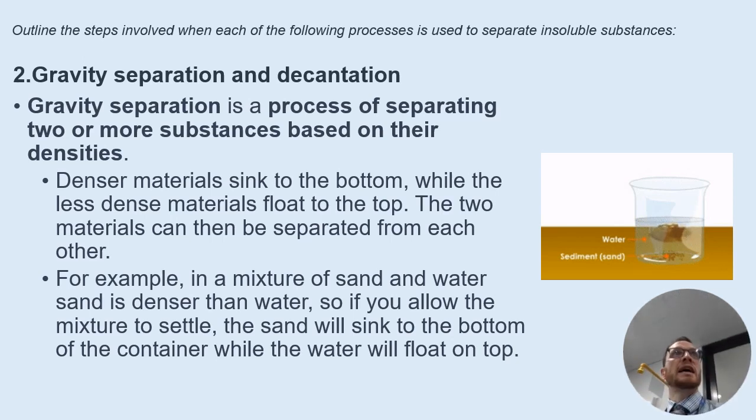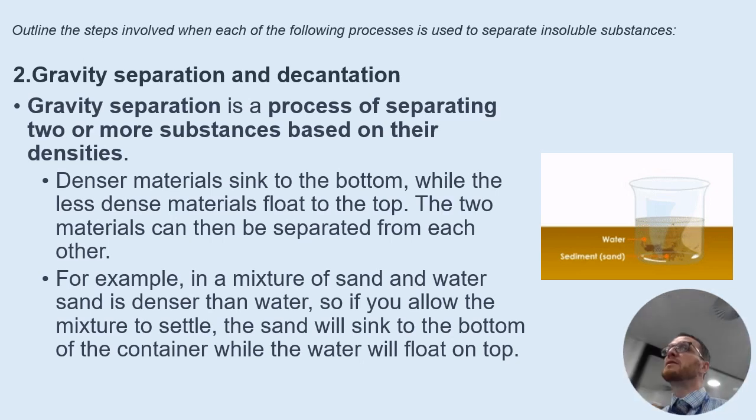Gravity separation and decanting. Gravity means attraction according to gravity, so pulling down, that downwards force that we experience because of Earth. This is useful for suspensions. Remember, suspensions are particles that are dispersed within a solvent that are insoluble.